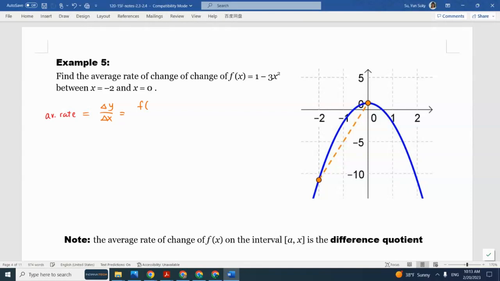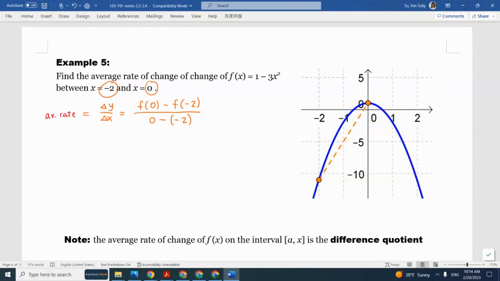So f of the second point. In this case, the first point is x equals -2. The second point is x equals 0. So f of 0, minus f of the first point, -2, all over the second point, 0, minus the first point, -2. Is that okay, everybody? We have 2 points.